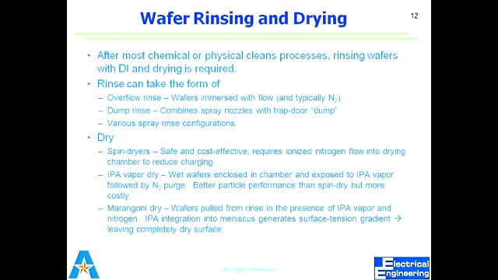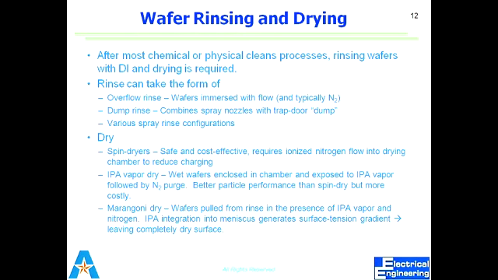Okay, so second is IPA vapor dry. In this case, when you have your wafer in DI water, the wafer is still wet, and you put it inside an environment that is filled with IPA, isopropyl alcohol, in vapor phase.